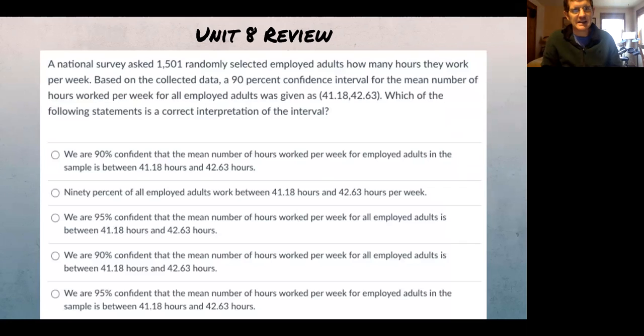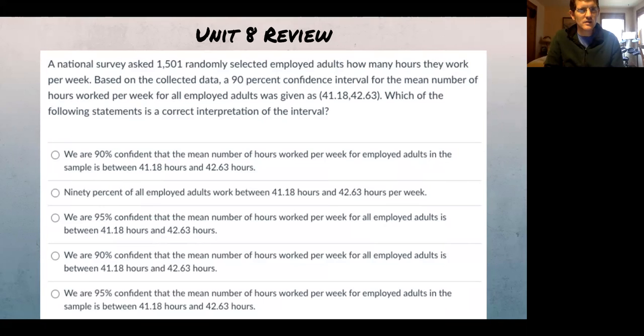We've got a national survey. We have a 90% confidence interval. And basically the question is, what's the correct interpretation of this interval? It's how many hours adult workers work per week. The 90% confidence interval was 41.18 to 42.63.